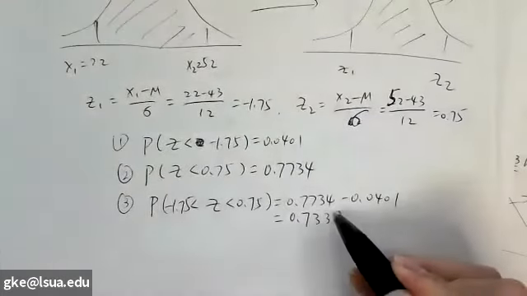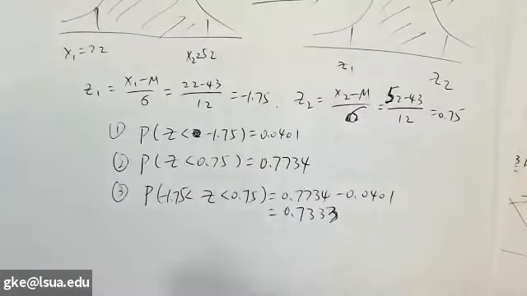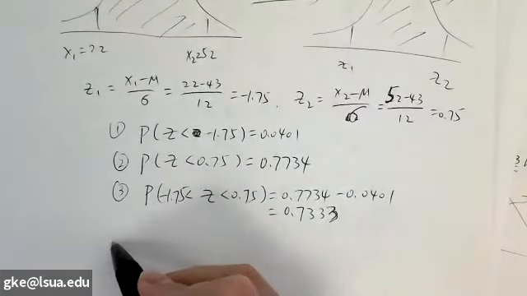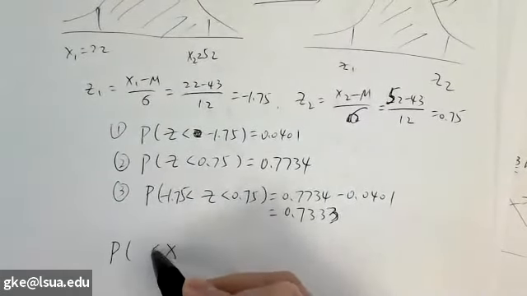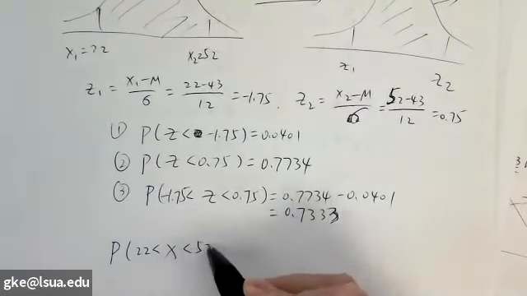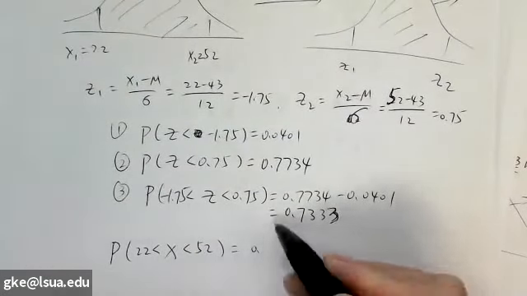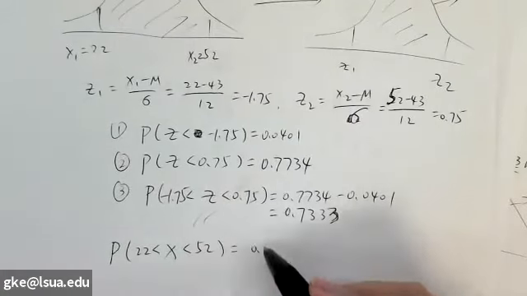Okay. And then we can say, hey, the area or the probability between will just equal this guy, right? So, okay.